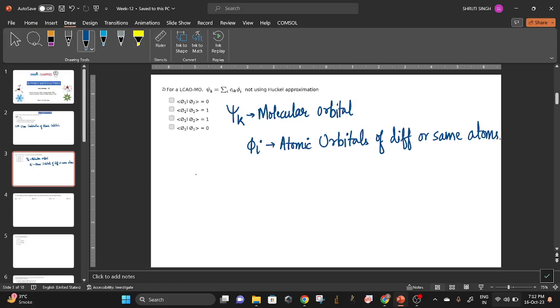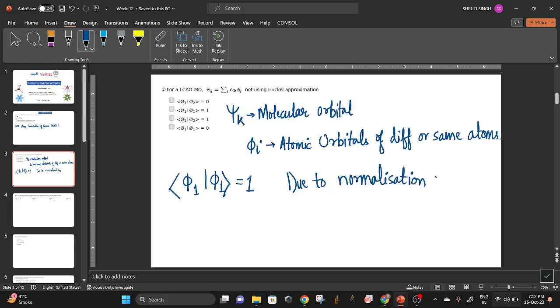If we are not using Huckel approximation, then we know that because of the orthonormality of the atomic orbitals of an atom, this integral is equal to 1 due to the normalization condition, and due to orthogonality, this is equal to 0.